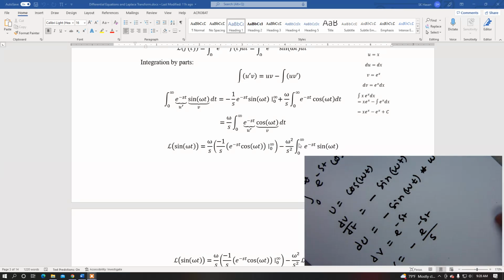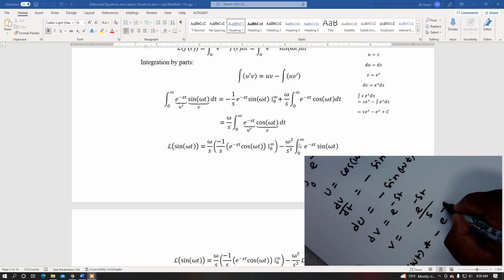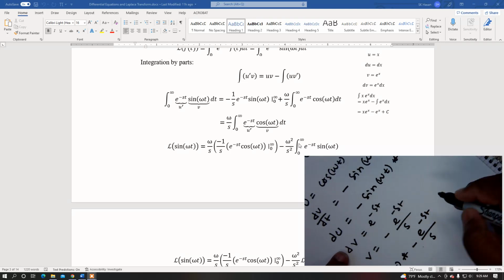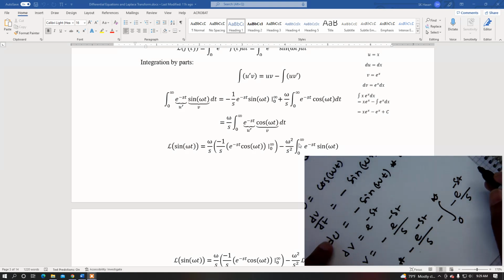So uv is cos omega t multiplied by minus e to the power minus st over s, minus the integral from 0 to infinity of v du, where v is minus e to the power minus st over s and du is minus sine omega t omega dt.